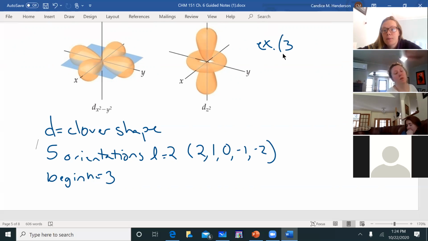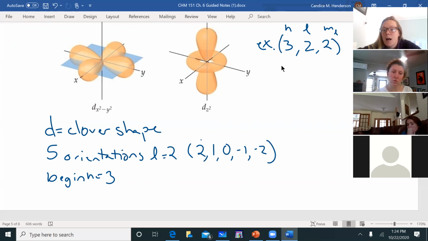What is the shape of my classroom? It's a d orbital, which is represented with L equals 2. So this is my n, this is my L, and then my ML, or my orientation, can be any one of these. I'm going to start with 2.